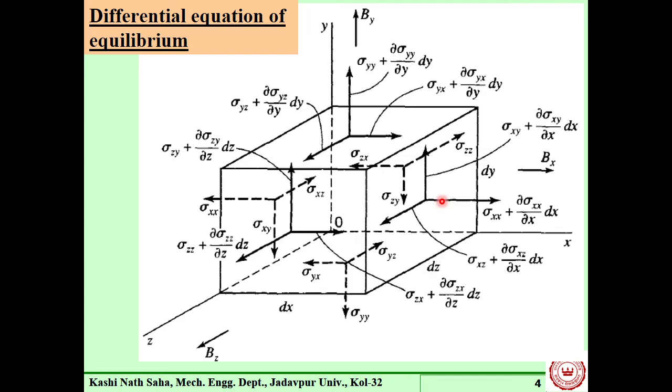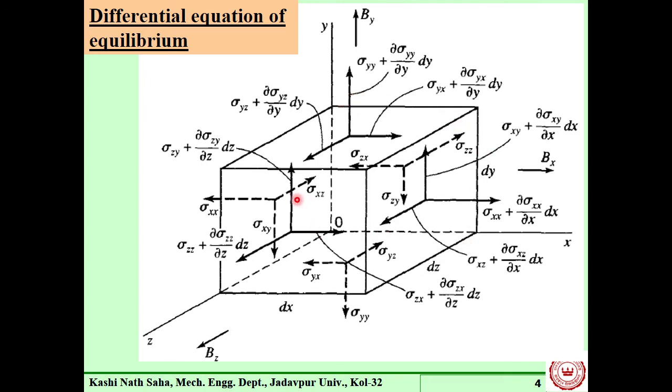The state of stress matrix is given for this point O. Through this point, if we construct the planes perpendicular to x, this is the plane; perpendicular to y, this bottom surface is the plane; and perpendicular to z, that back surface is the plane.